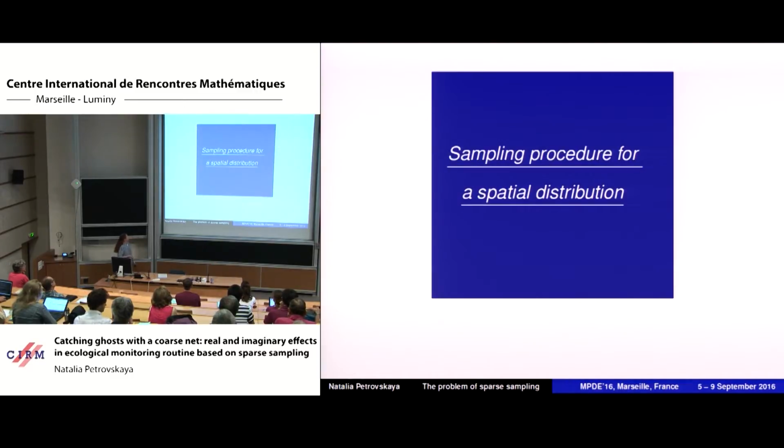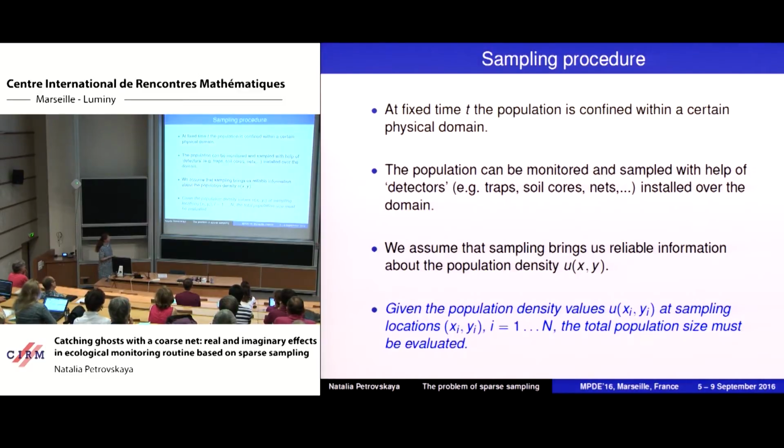Okay, so the sampling procedure for a spatial distribution. We make several assumptions. The first thing is we consider fixed time t. So we deal with the spatial distribution.